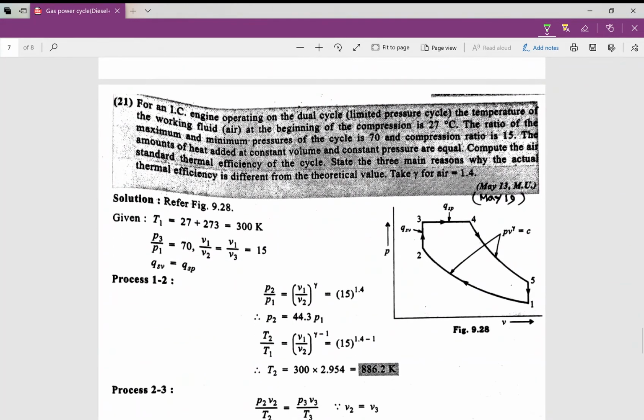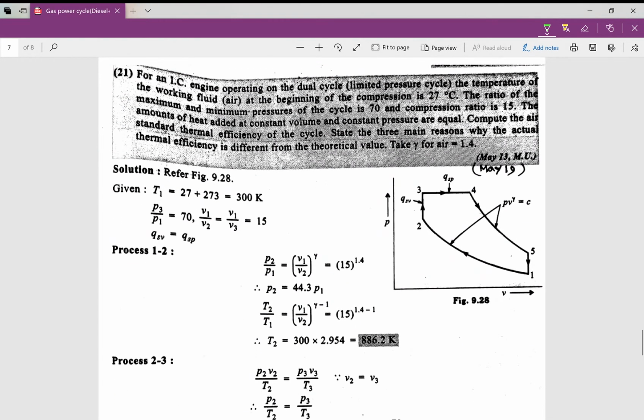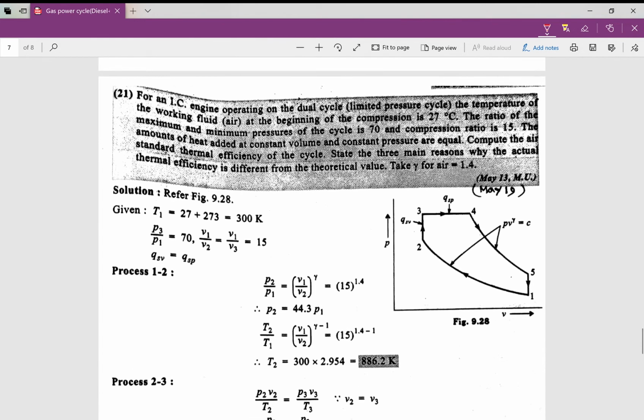Now come to the next numerical, again based on the dual cycle. So dear students, this is given: for an engine operating on the dual cycle (limited pressure cycle), the temperature of the working fluid air at the beginning of the compression is 27 degrees centigrade.